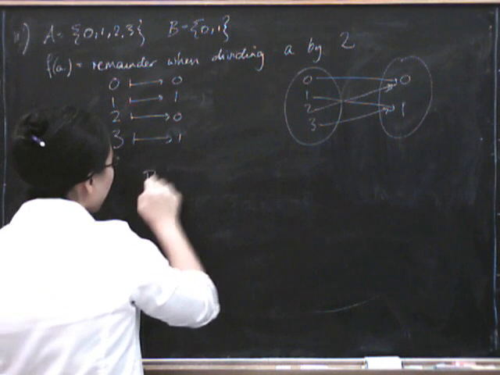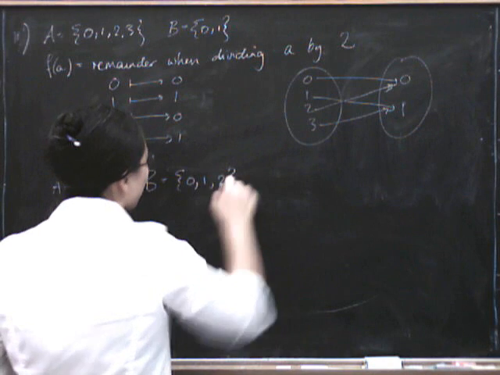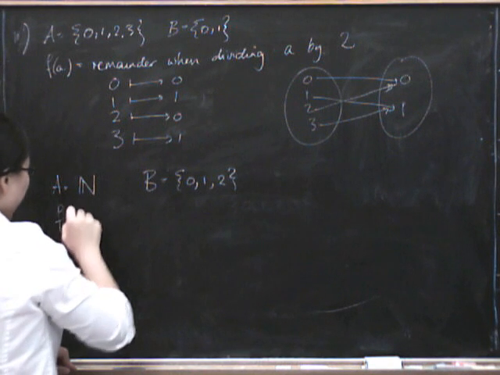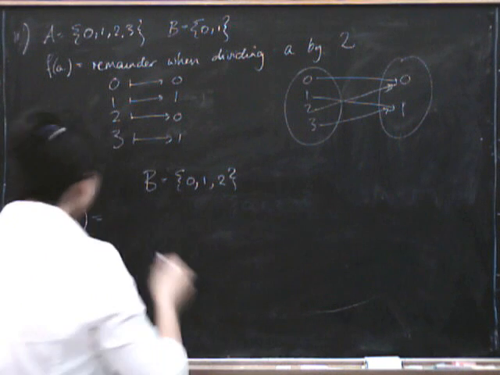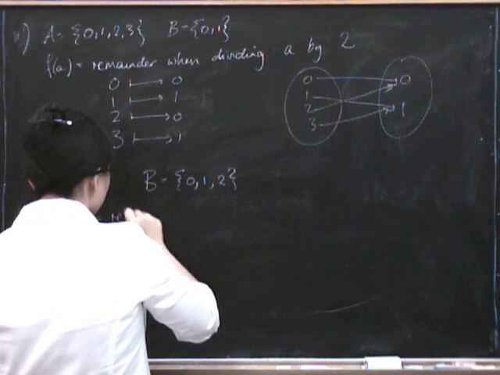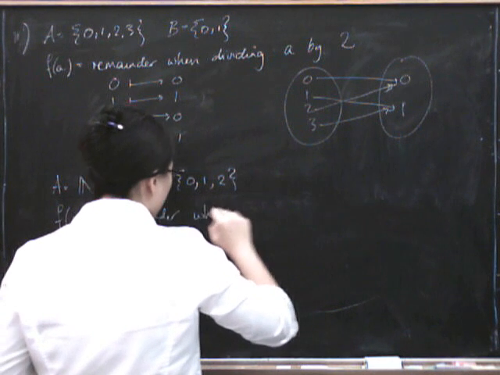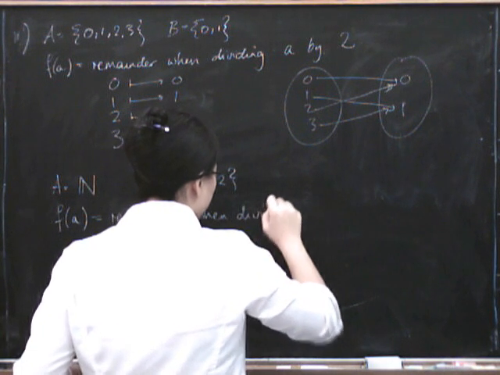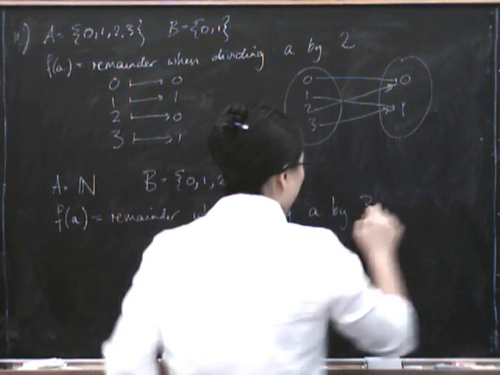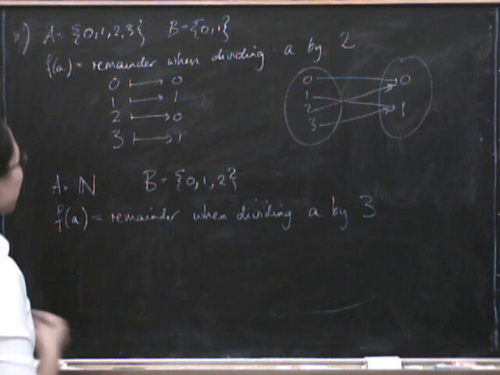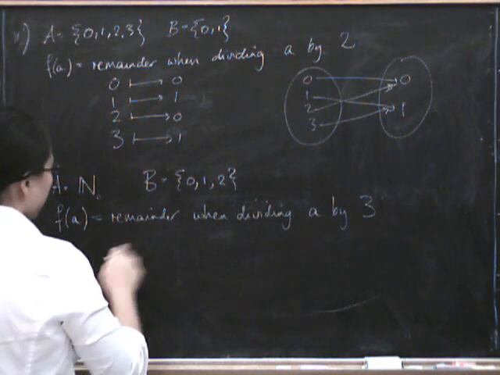We could take B to be 0, 1, and 2, and we could say that f of a is the remainder when dividing a by 3 now. So now what's going to happen? This should be N including 0. I want my 0 to be in there.